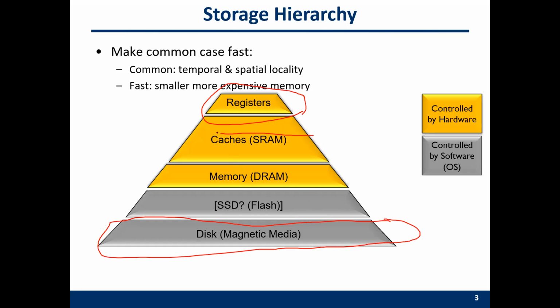Under the registers, we have cache. And then we have the main memory, your DRAM, and the SSD. Nowadays, in your iPad or your mobile phone, you may not have a disk, but some high-performance servers still have these large disks.